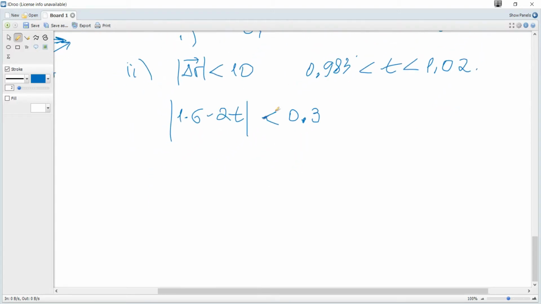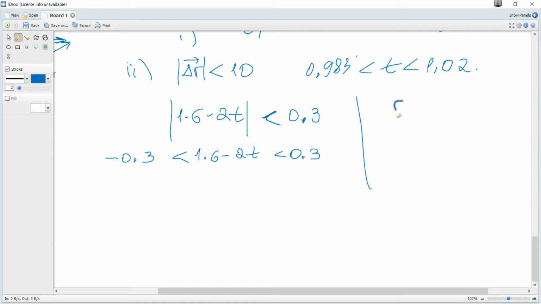And how to solve it? We can consider the double inequality: 1.6 minus 2t should be greater than negative 0.3 and less than 0.3.